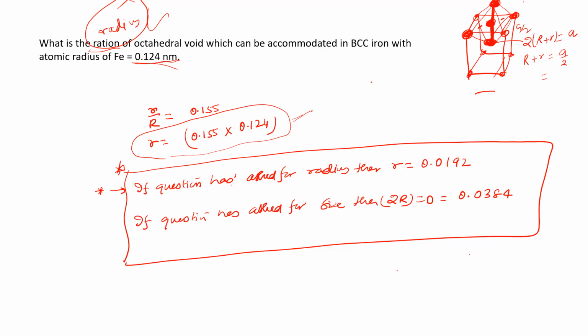And what is the relation between a and capital R? It is 4R equals root 3 a. So a is equal to 4R by root 3.